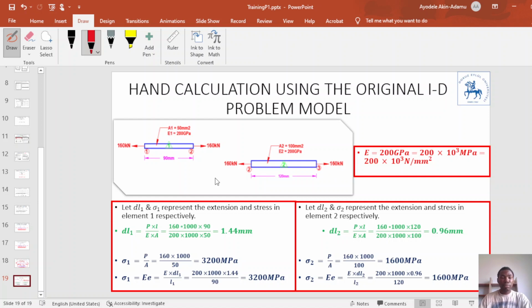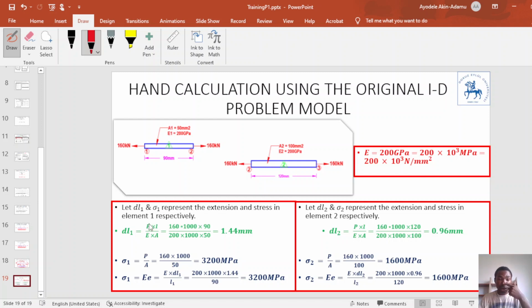We can calculate the extension and the stresses in each element by using the stress strain formula from Hooke's law, so that we can determine the extension in each material part and the internal stress in each material part. So I say here, let dl1 and sigma 1 represent the extension and stress in element 1 respectively.